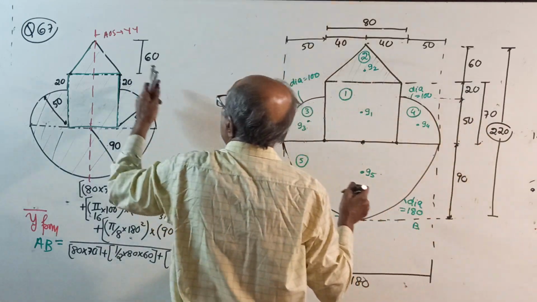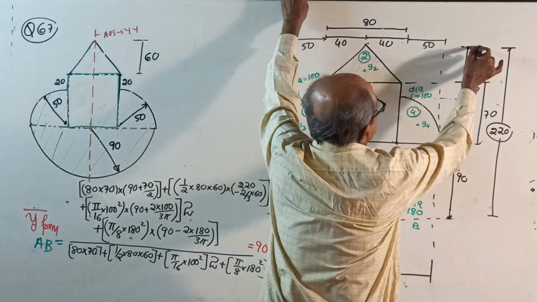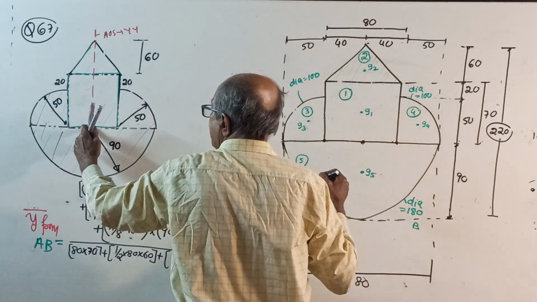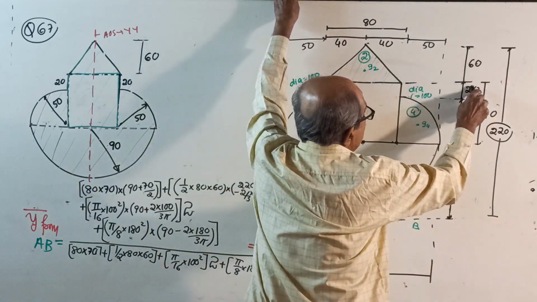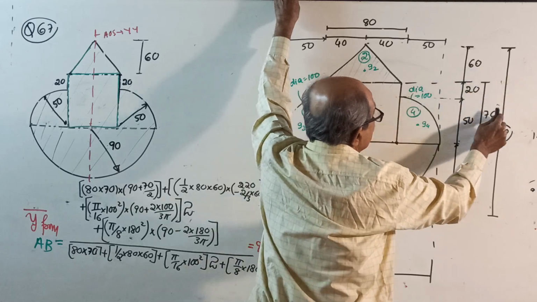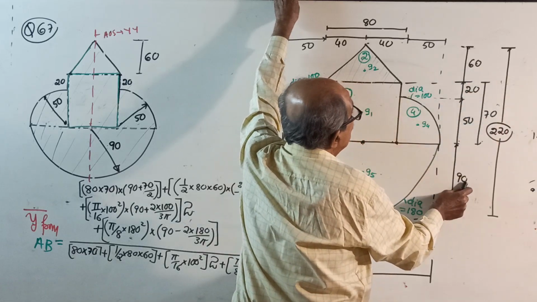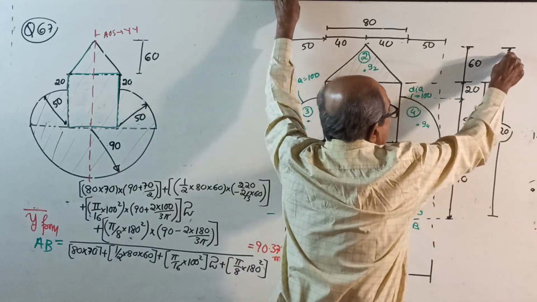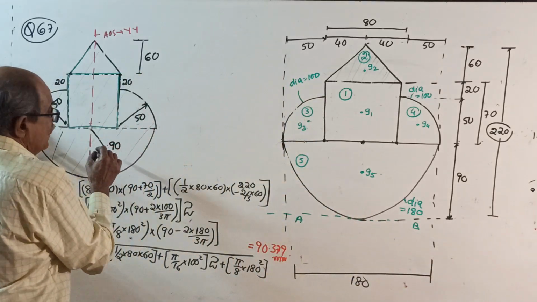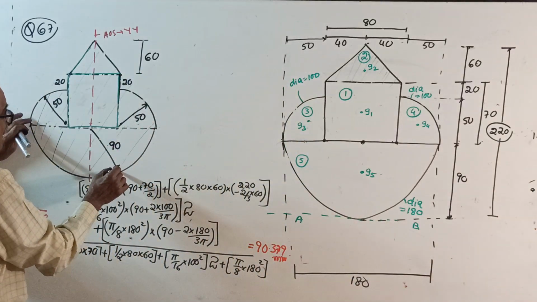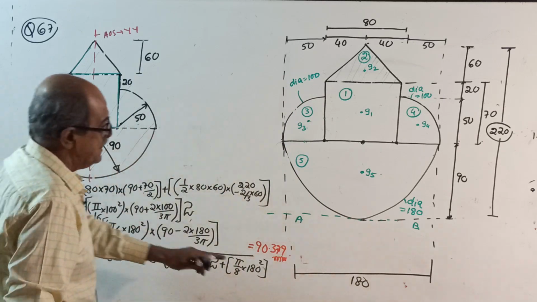Okay. Then this is 60. I marked 60 here. This radius is 90. So 60 plus 20 plus 50 or 60 plus 70 plus 90 is 220 is the full height. Okay, now come horizontally. When 90 is the radius here, this full is 180.